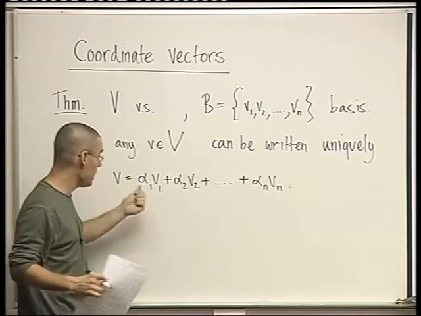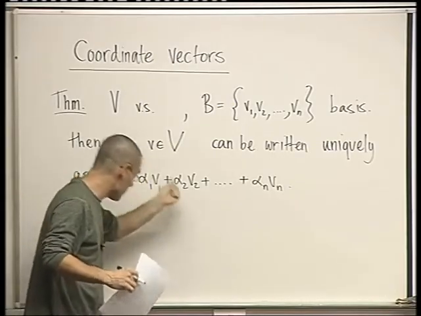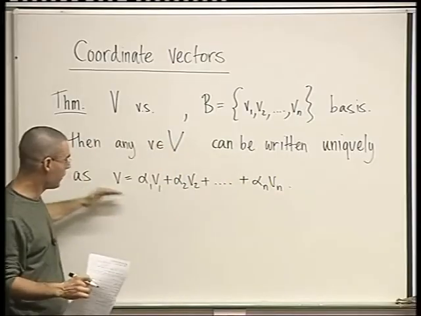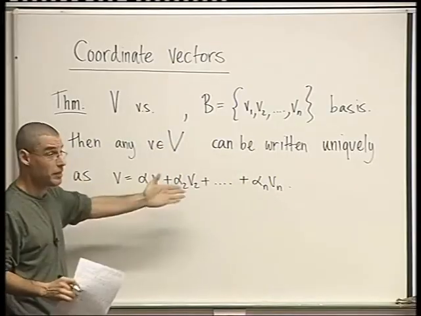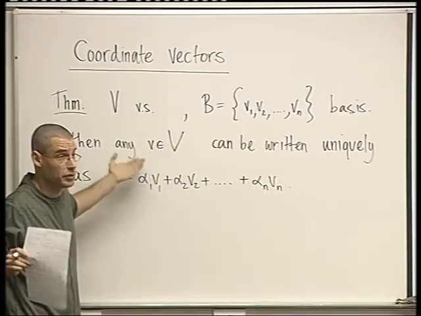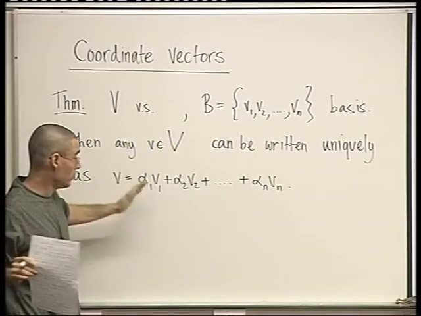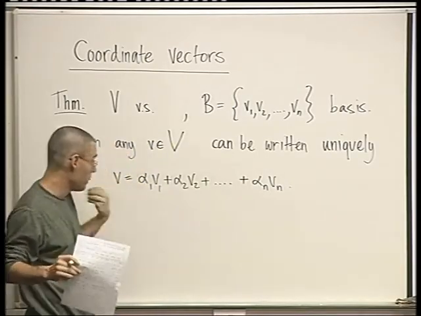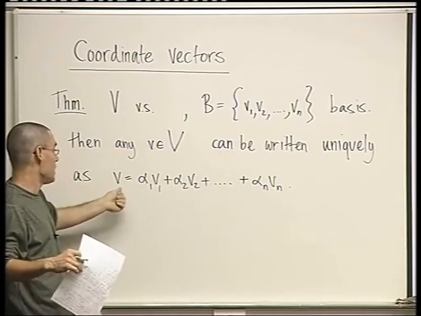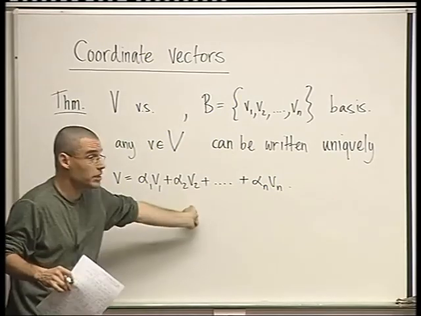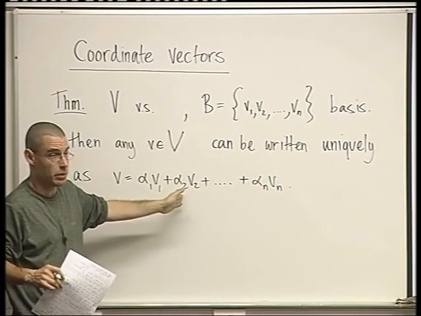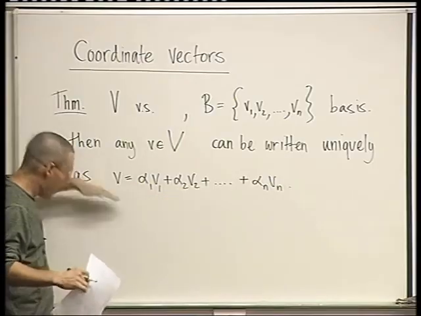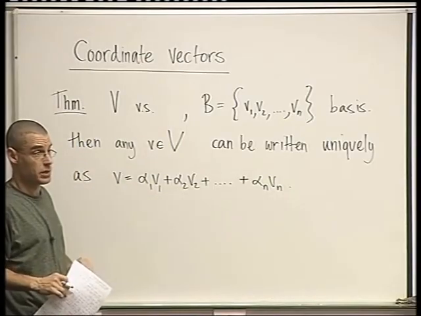One specific way means there's a specific, unique choice of alphas that enable you to write it, many of which can be 0, for example. So you don't necessarily need all of these, but a way of saying that in order to write V, I don't need V2 is take alpha 2 to be 0, right? But there's only one way to do it if it's a basis.